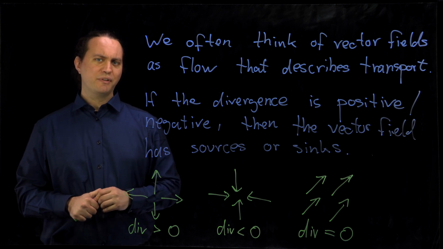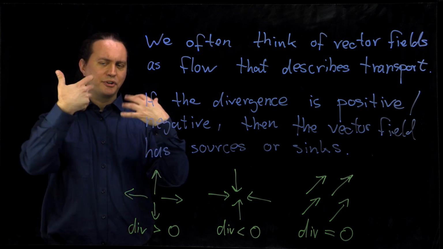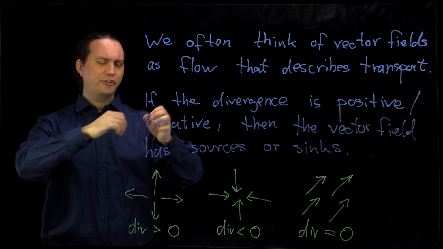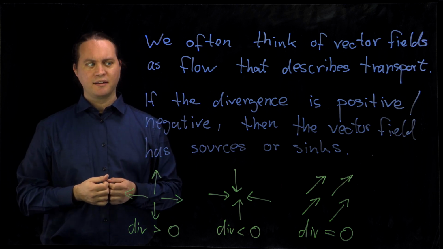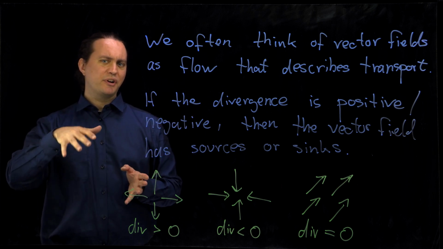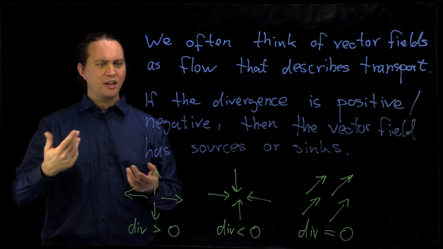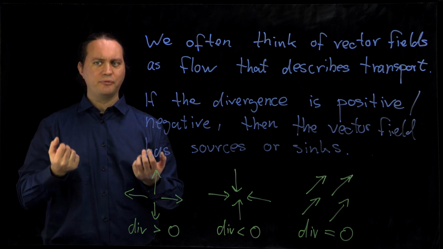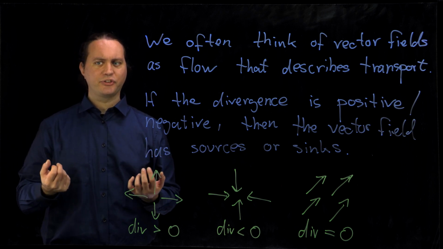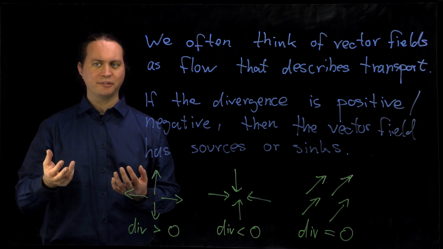For example, think of a river. You've got a flow vector field that describes the velocity of the river. And if you've got anywhere positive divergence of this flow vector field, it may describe that there's like a source of water somewhere. Maybe a natural source of water or an artificial source of water.